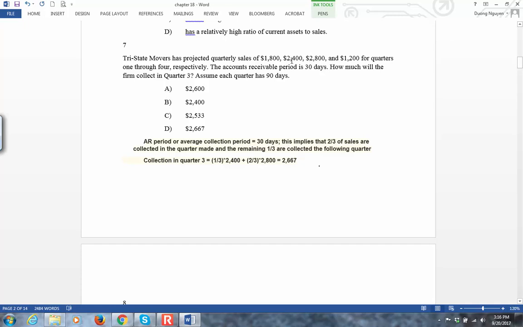In quarter 2, the sale is 2400, and 1/3 of it will go to the following quarter, quarter 3. So 1/3 of quarter 2, which is 2400, times 1/3 plus 2800 times 2/3 equal to 2667.